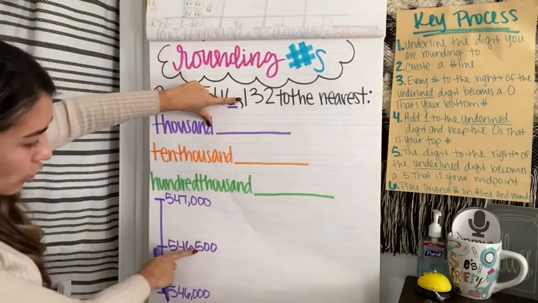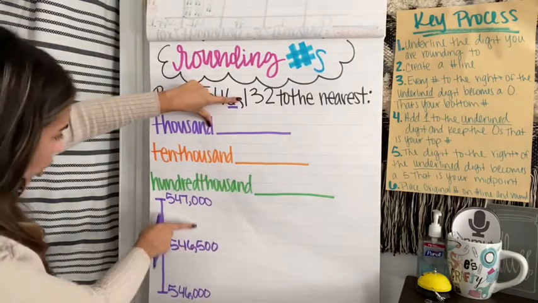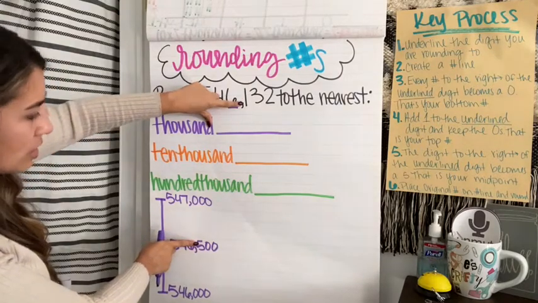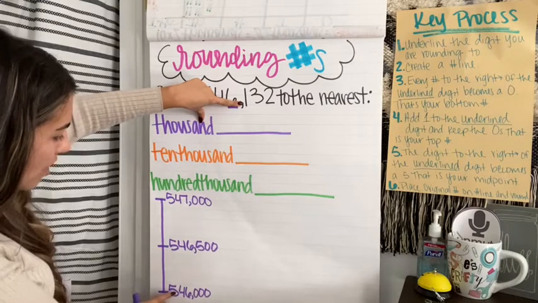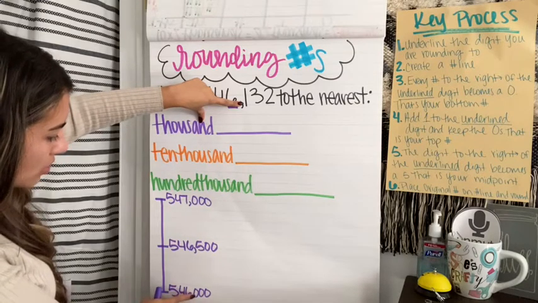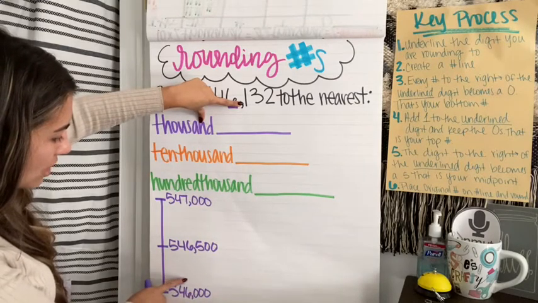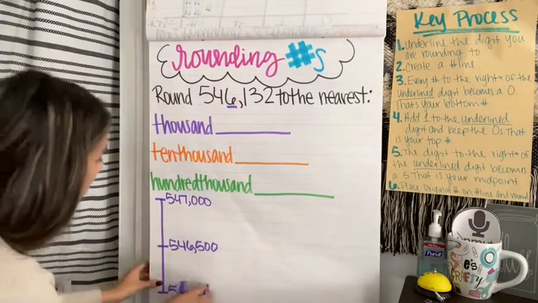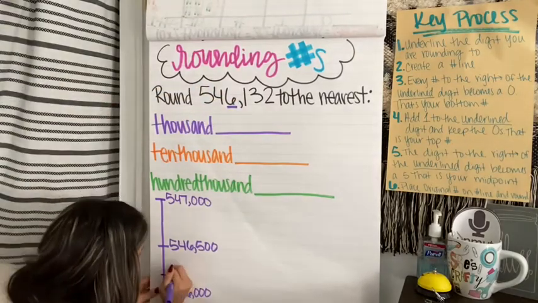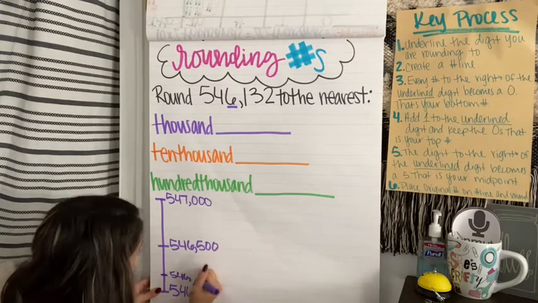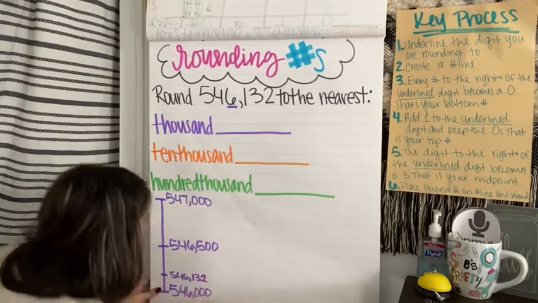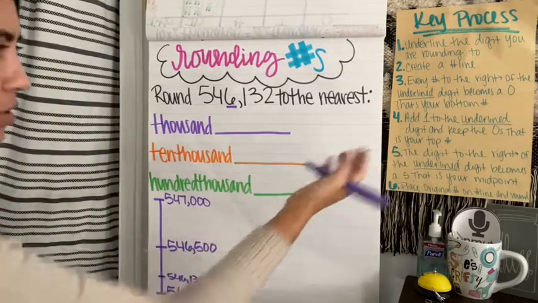Okay, well I know this is 500, so it can't go up here anywhere. 100 is less than 500. So I know, let's see, 546,100. So I think it's probably gonna go right in here, my original number. 132.